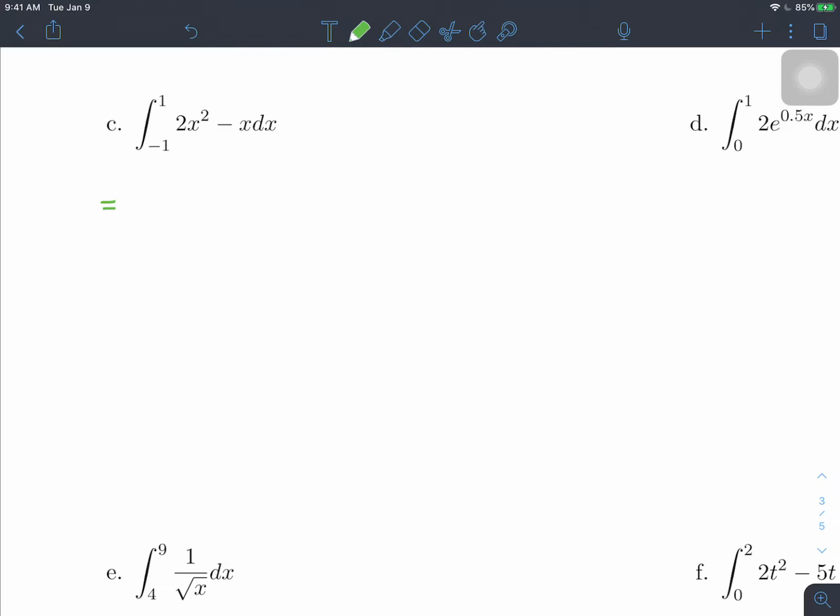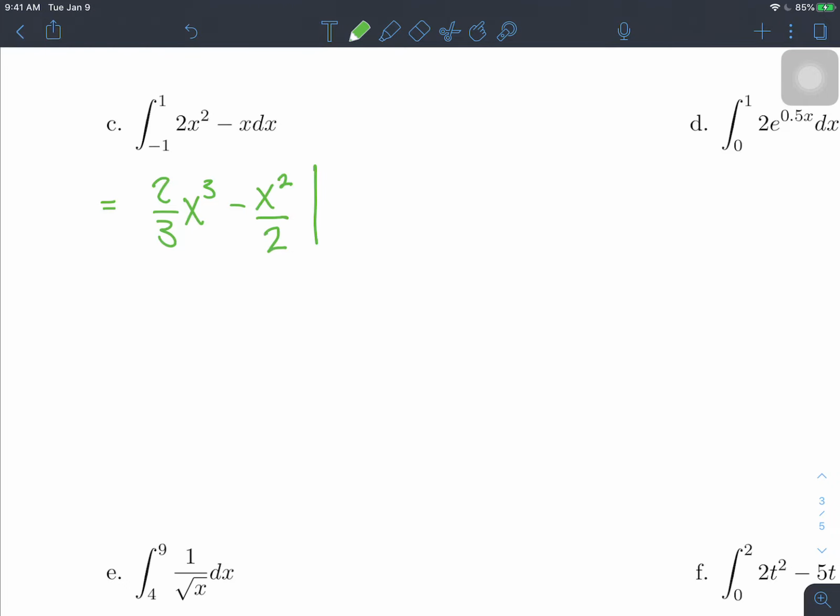Well, what's an antiderivative? 2/3 x to the third. And then what about the minus x part? Minus x squared over 2. We've got to make sure we divide by that new power.